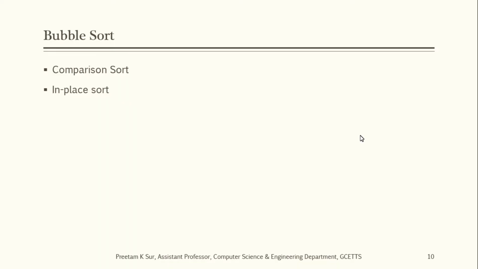And finally it is a stable sort. Stable sort means if you have duplicate elements in an array, those duplicate elements are going to have their relative position maintained after the sorting process is completed as well. What does it mean? Let me write it for you.